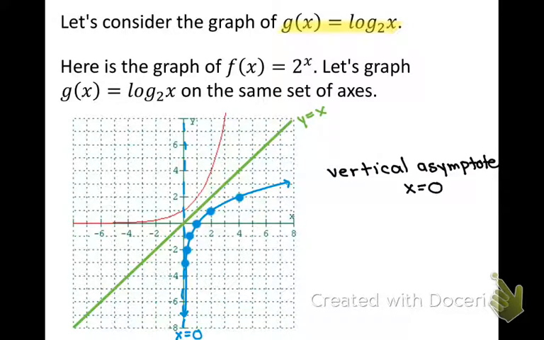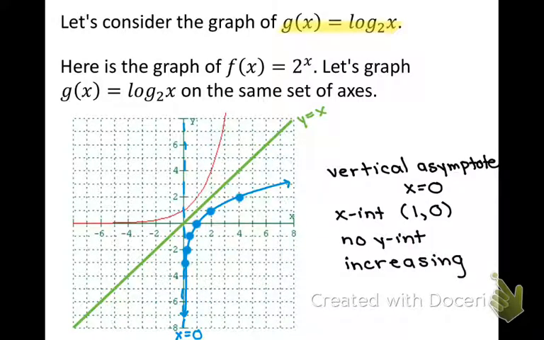It has an x-intercept of (1, 0). It has no y-intercept. And log base 2 of x is increasing. Anything else you see on this graph? No? Okay.